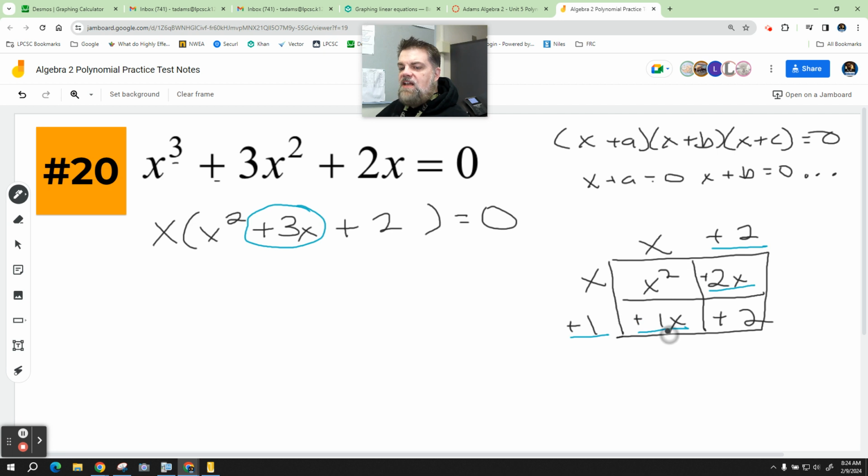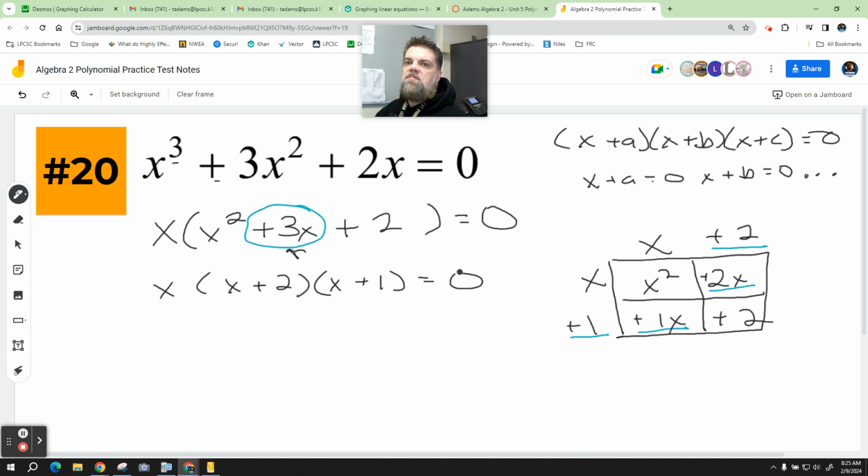What happens when I add those two terms up? I get 3x, right? So then this becomes x plus 2 times x plus 1. Now this is what we call prime factorization. There's nothing else I can do. I can't factor it anymore.